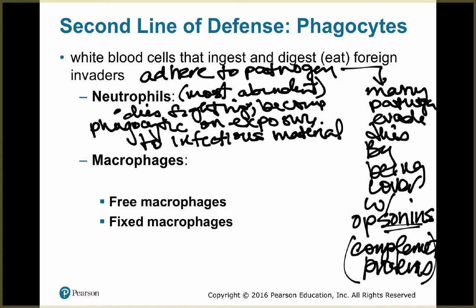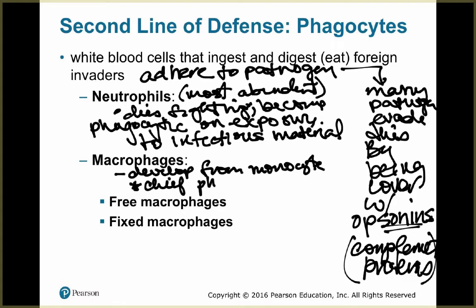Now, macrophages, these guys develop from monocytes. And basically, they're considered the chief phagocytic cell. He's the most robust.